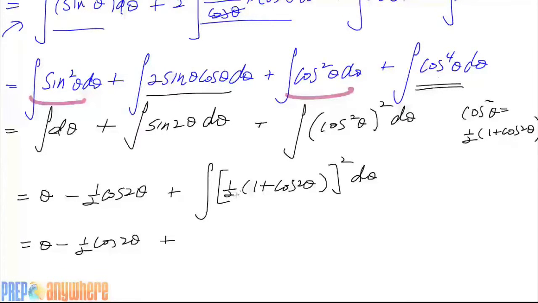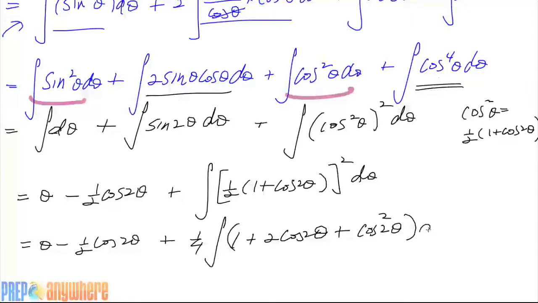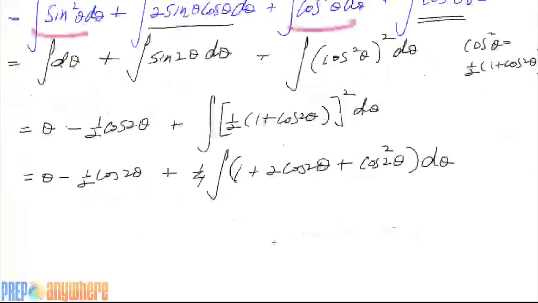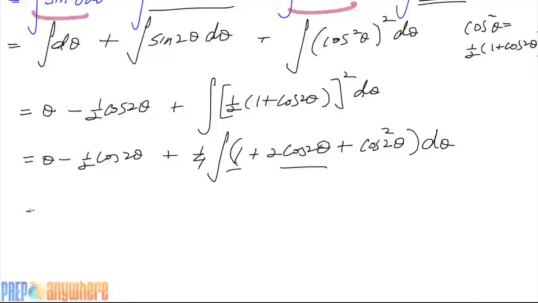Square the half and the bracket, we get a quarter. Squaring out, you get 1 plus 2 cosine of 2 theta, and then cosine 2 theta squared. So this and this you can find the antiderivative of now.